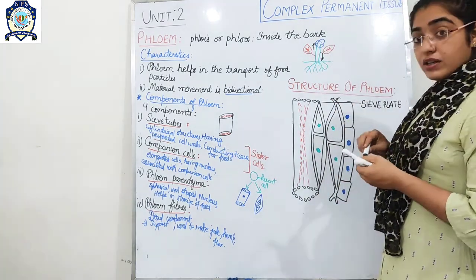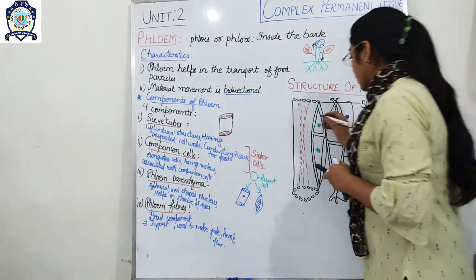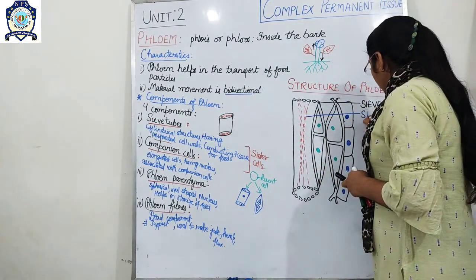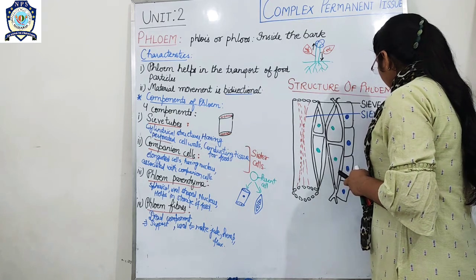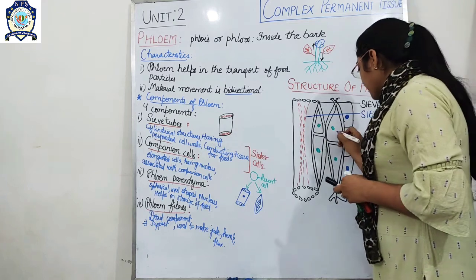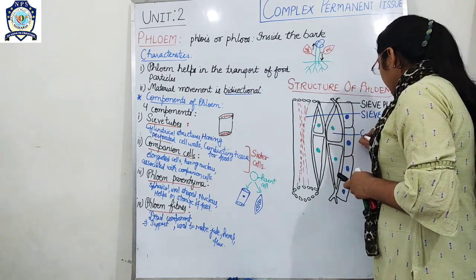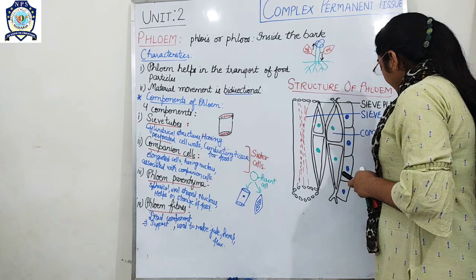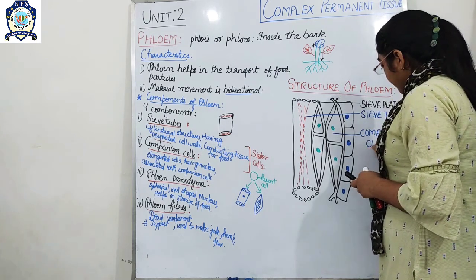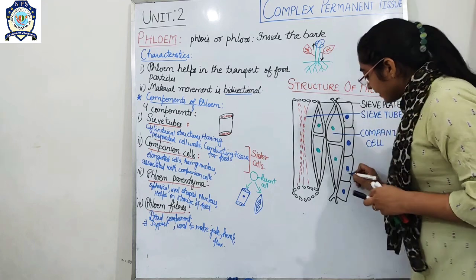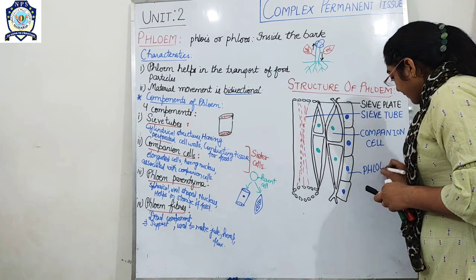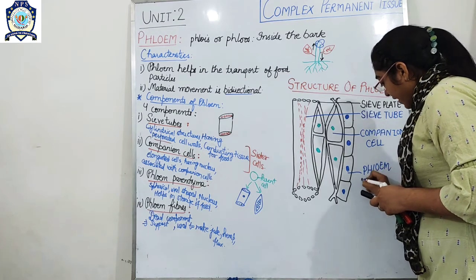Okay, so now let us start to label it. This one is the sieve tube, and this part is called the companion cell. This one is the companion cell, and this portion is called the phloem parenchyma.